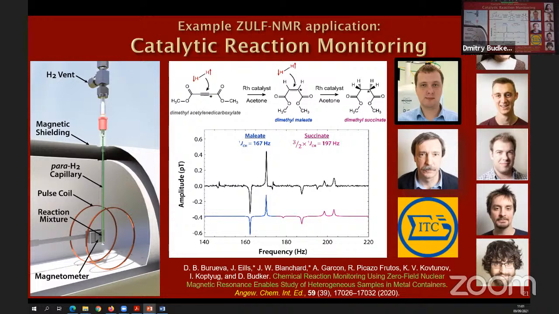And here there are a couple of things that I'd like to point your attention to. So I mentioned already that because we work with very low frequencies, we can actually look inside metal containers. Okay, it's maybe not very fundamental, but for practical purposes, very important.